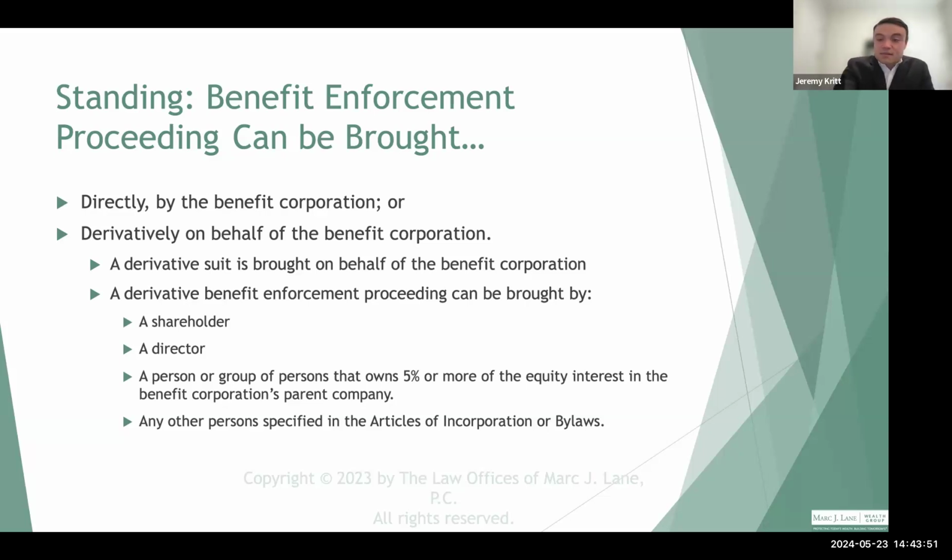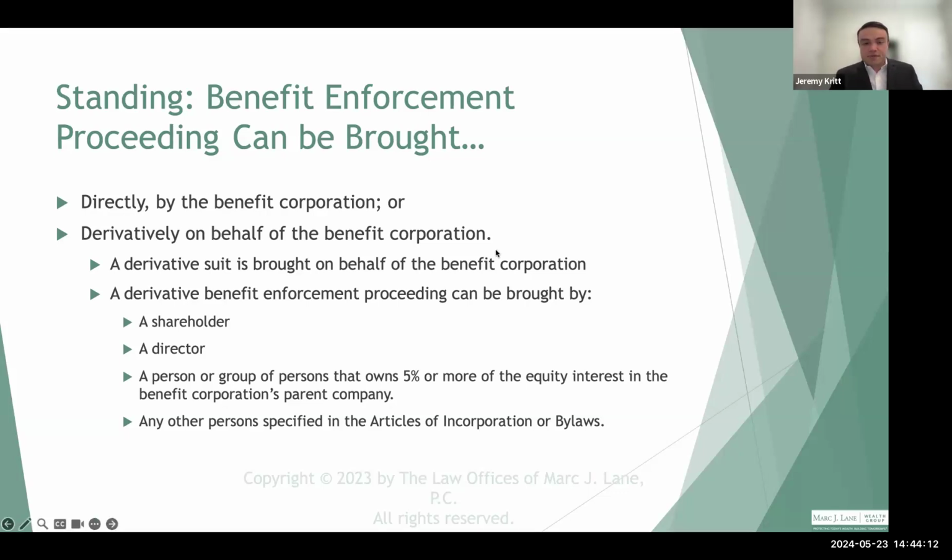The standing is limited to these groups of people. And of course, the Benefit Corporation Act allows for flexibility. The benefit corporation is free to specify in its articles or bylaws other persons who can have standing to bring a benefit enforcement proceeding.